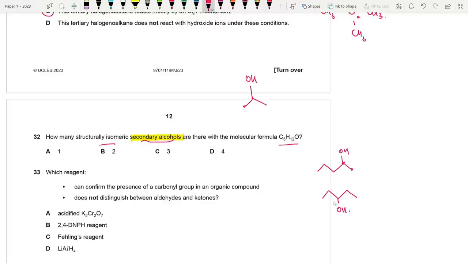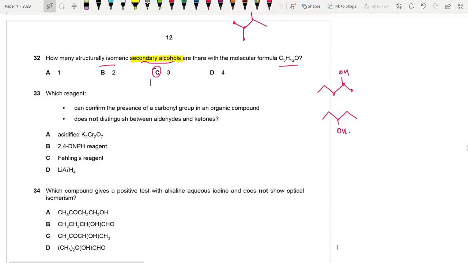For example, I can put this over here, one hand over here, one hand over here. Okay, so that is another one. And probably that's it, because if you try to do the same thing over here, and try to move this part somewhere else, this compound ends up being the same one, right? So the final answer is 3, as it's secondary alcohols only.